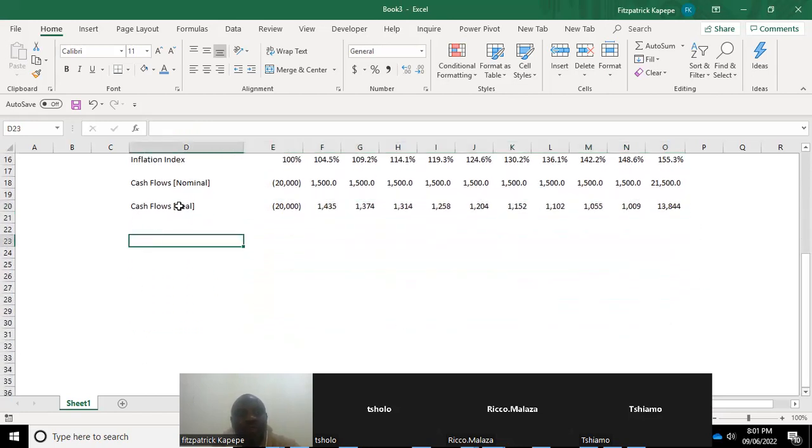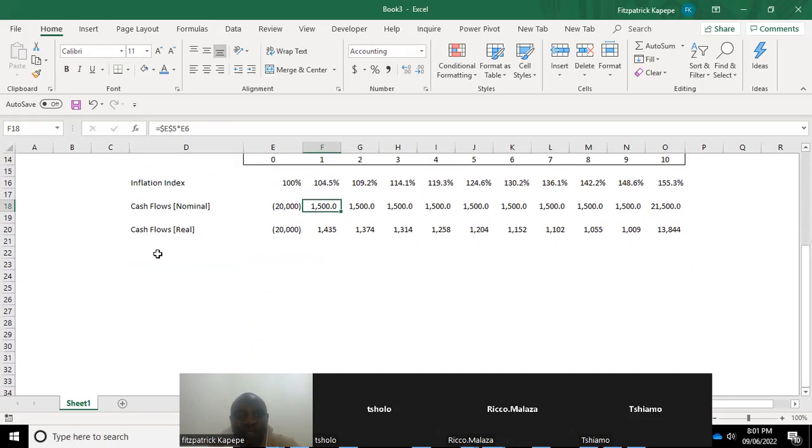Okay, now that we have the cash flow nominal and we have real, we have these numbers. So the next thing we should do is to find the net present value for both.